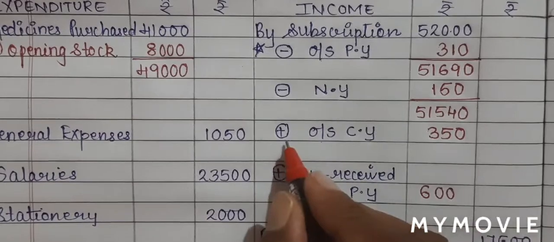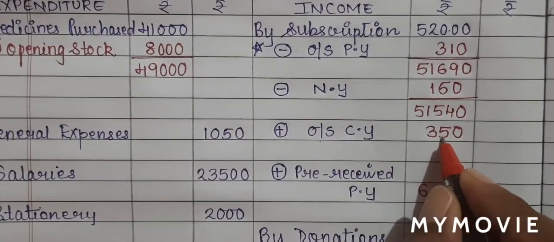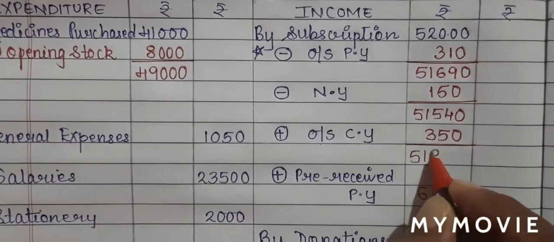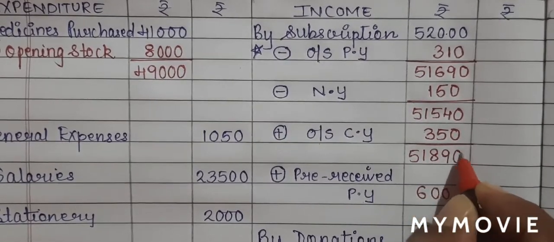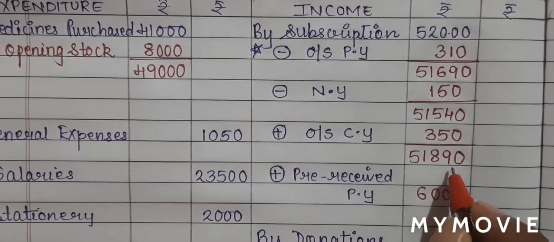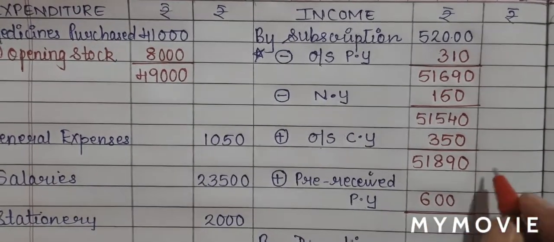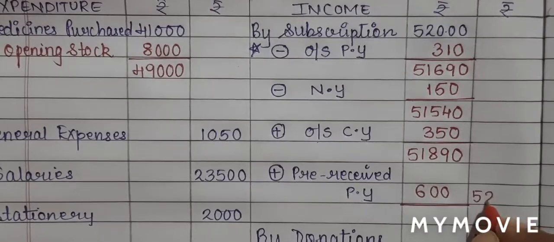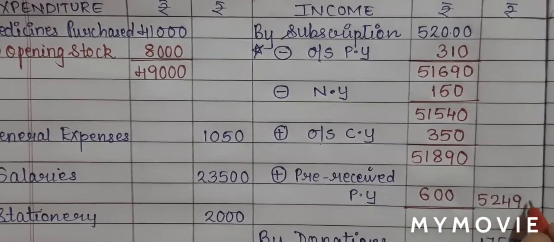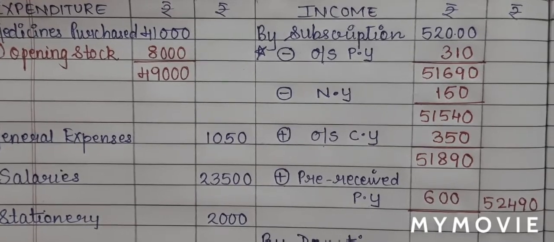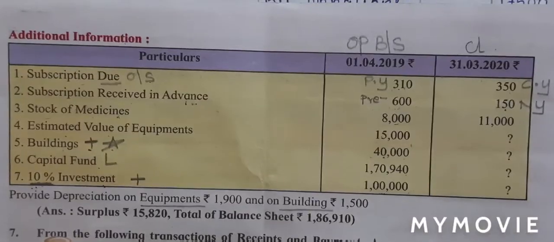Now with this amount, I will add 350. So I get the amount 51,890. 51,890 plus 600. So I get a total of 52,490. With this, students, we have completed our subscription table.